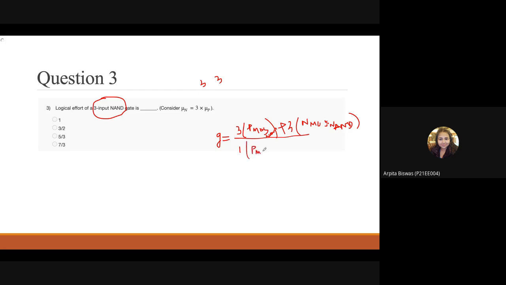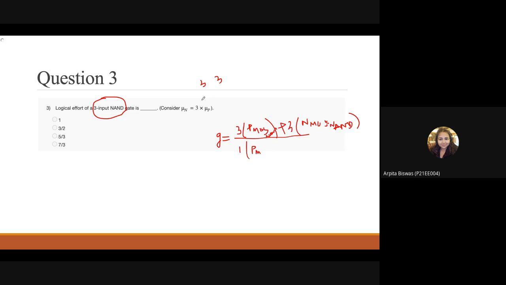for the inverter. Okay, the first one is for the NAND gate, and for the NAND gate, three NMOS are participating and three PMOS are participating, and both are in series. So thrice for PMOS of the NAND gate, thrice for NMOS of the NAND gate, plus one for the inverter. One PMOS is participating for NOT, and one NMOS is participating.